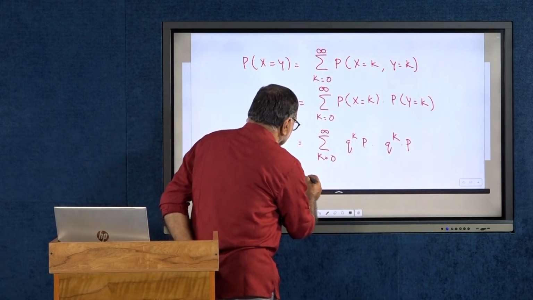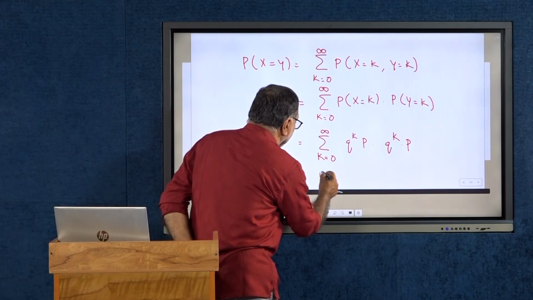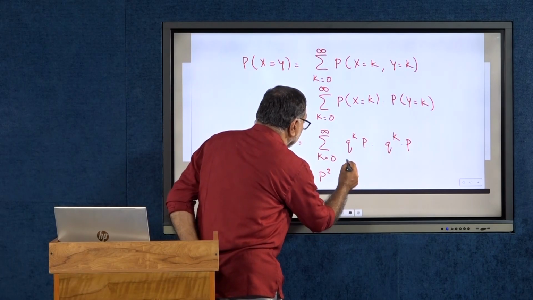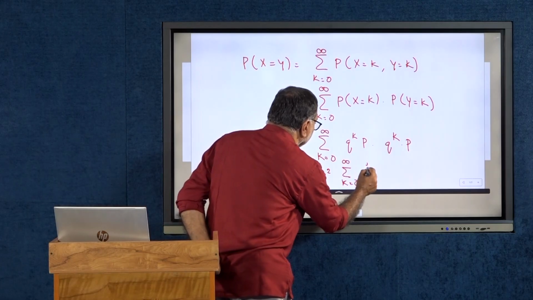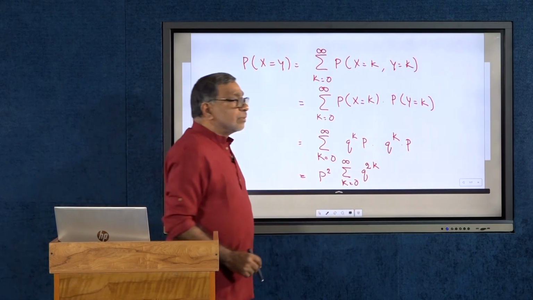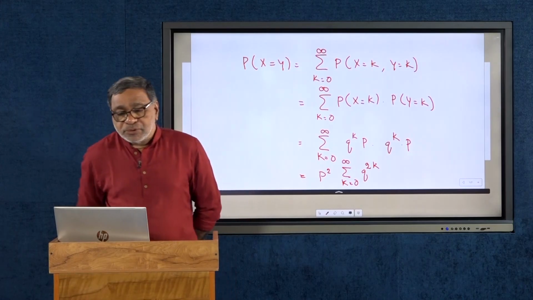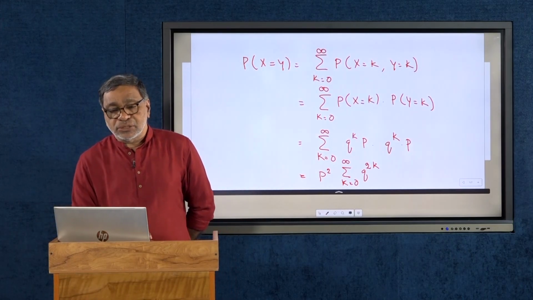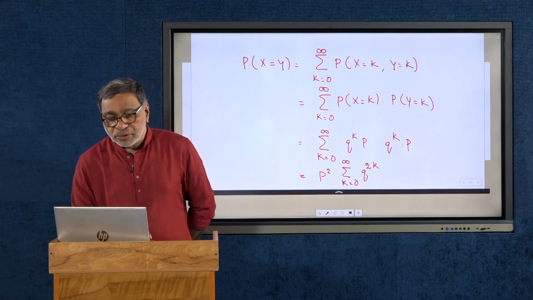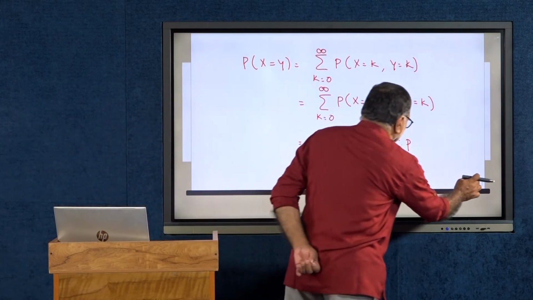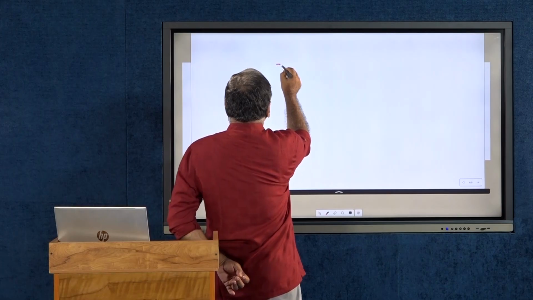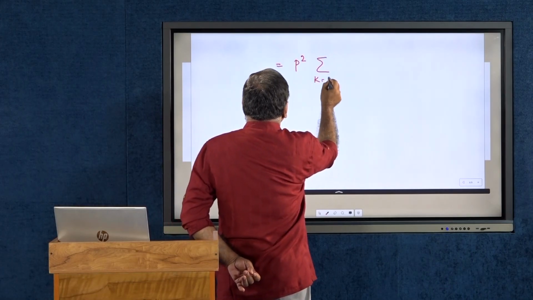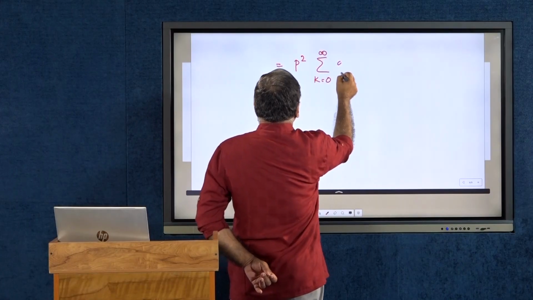And that is p square sigma k equal to 0 to infinity q power 2k. So that is our probability of X equal to Y, p square into sigma k equal to 0 to infinity q power 2k.